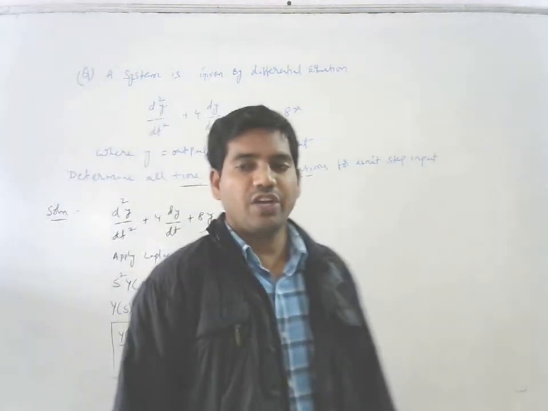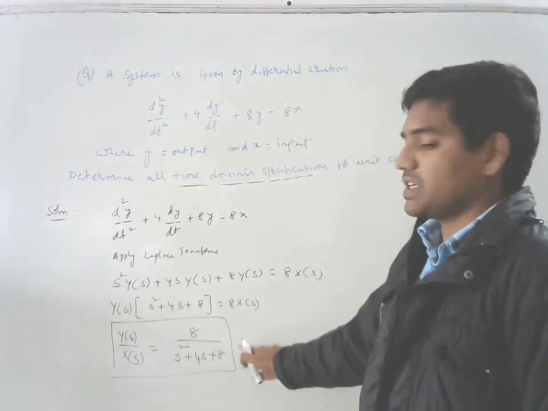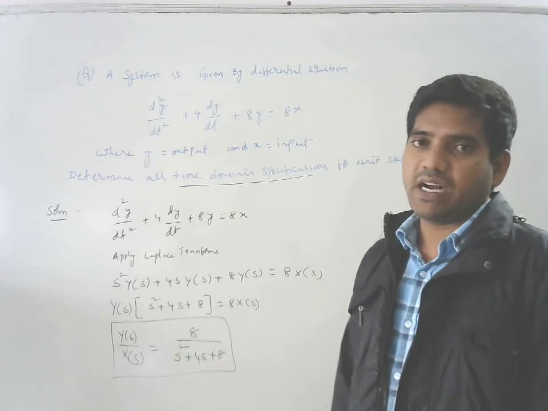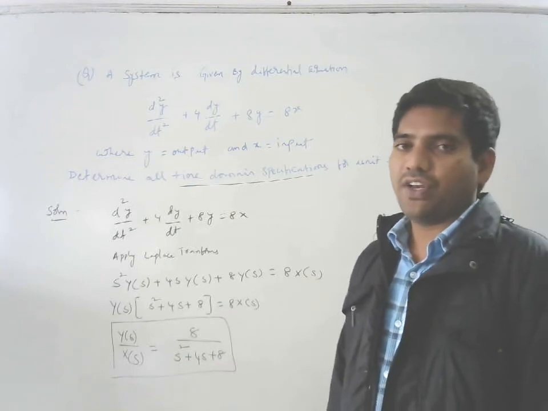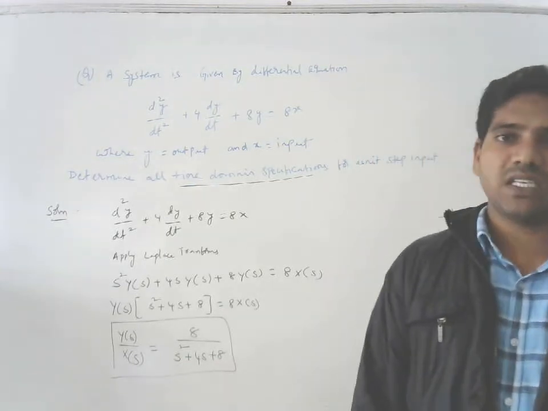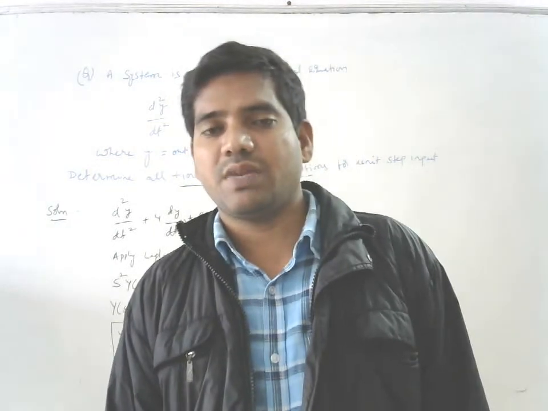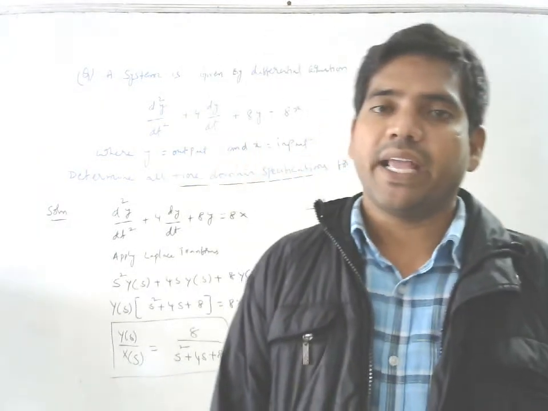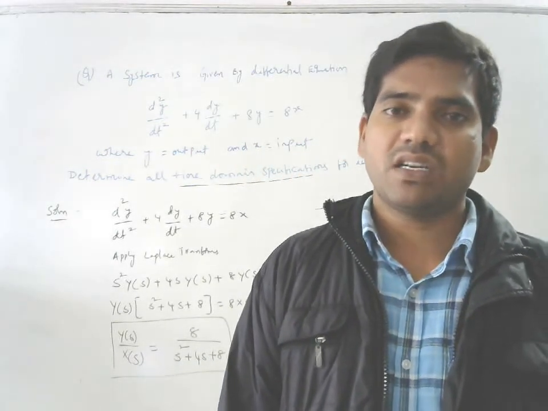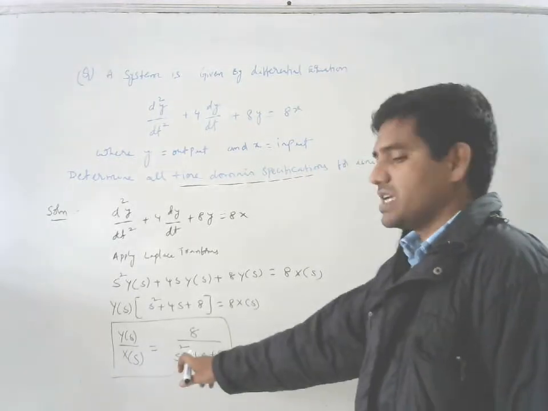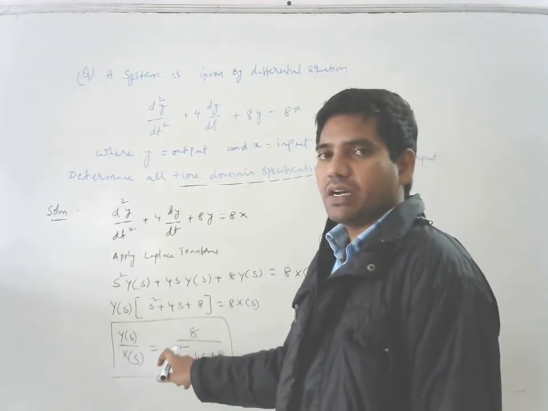The thing is, you need to identify which type of transfer function it is, second order or first order. That depends upon the order, that means the highest power of s in the denominator of the transfer function. What is the highest power in the denominator? S square.